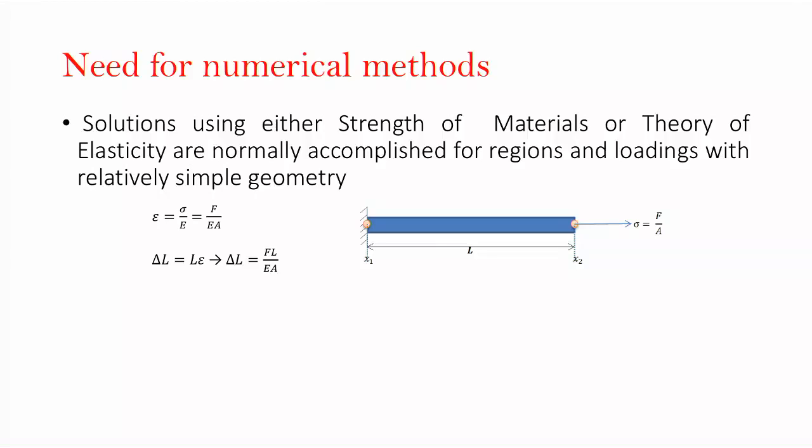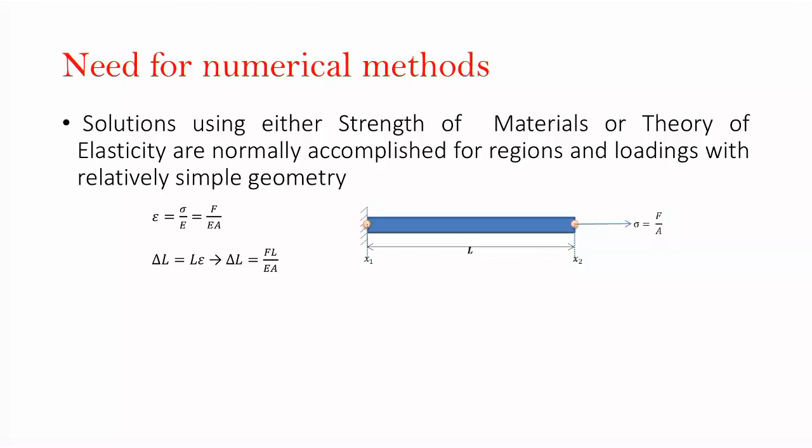When we have a cantilever beam here, and we apply an axial load to the beam, you remember that as long as it's linear elastic, and the stress is less than the yield strength, the elongation in the beam would be delta L equals FL over EA.